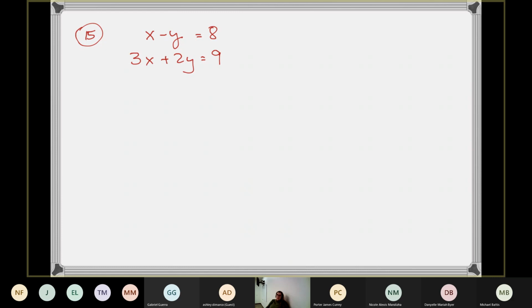So we have to isolate here first. Tony Ann said she would do the second equation, and you would want to solve for which variable? X or Y, it's totally up to you. Okay, let's just do that.